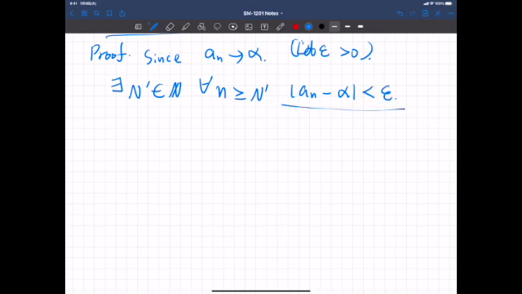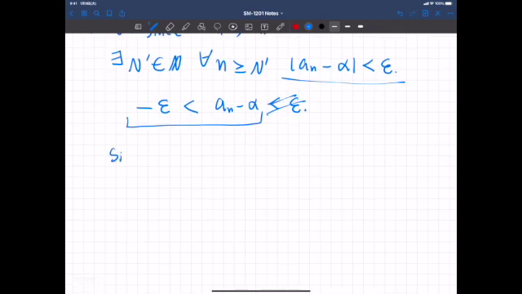Okay, so this means in particular negative epsilon less than a_n minus alpha, which is less than epsilon. We don't need this part, so let's just consider this part.